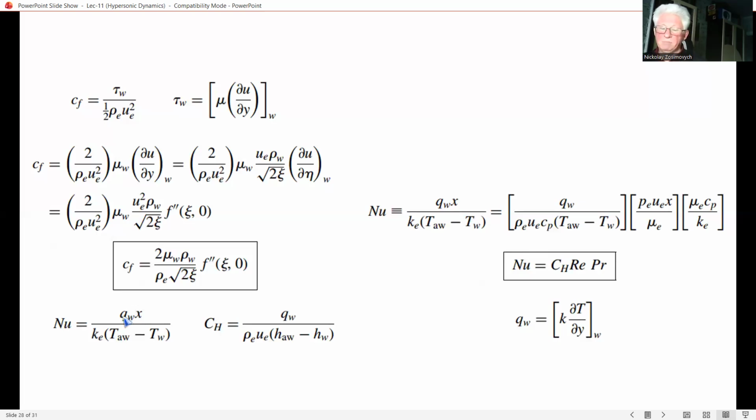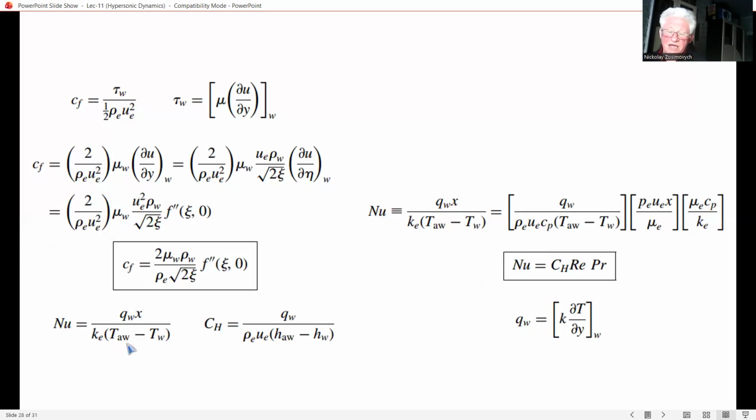Here Qw is the local heat transfer rate, I mean energy per second per unit area, at the wall. X here is the distance along the wall measured from the leading edge. Another coefficient, K sub E, is the thermal conductivity at the edge of the boundary layer.